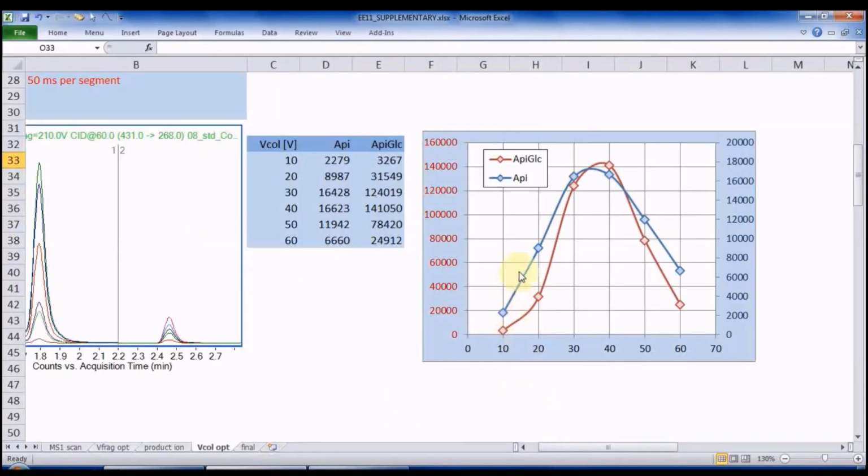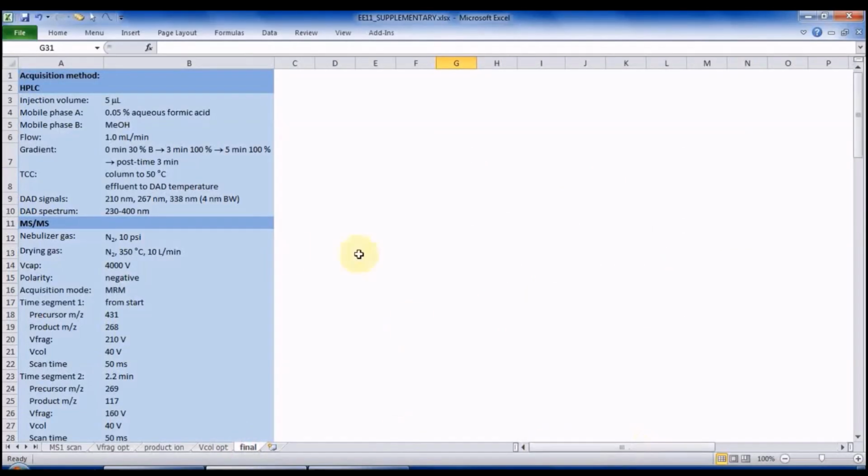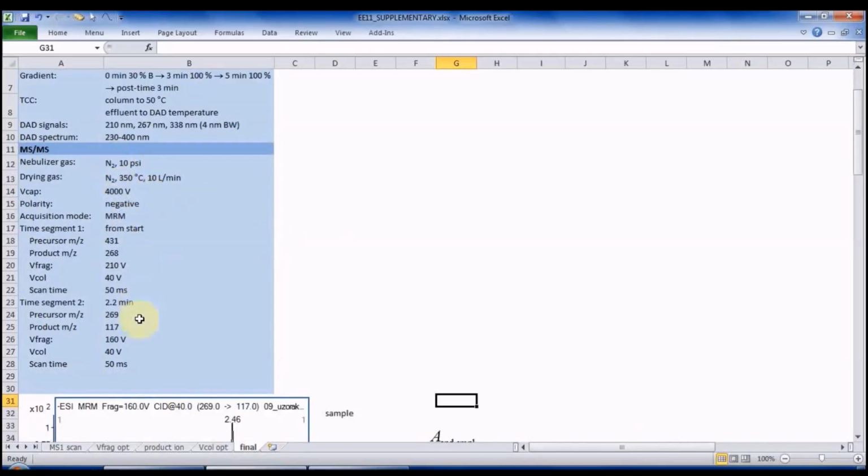As we can see, with the increasing collision energy, the abundance of each fragment is changing, first rising due to increased production, then falling due to subsequent fragmentation. The optimum for our analytes, estimated from curves, is about 35 to 40 volts. And so now we can define the final acquisition method with the optimized parameters for each compound.